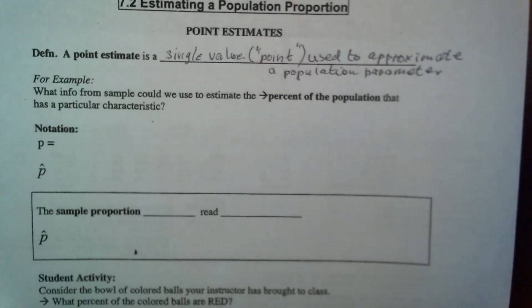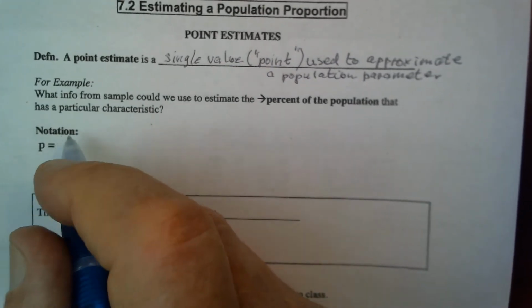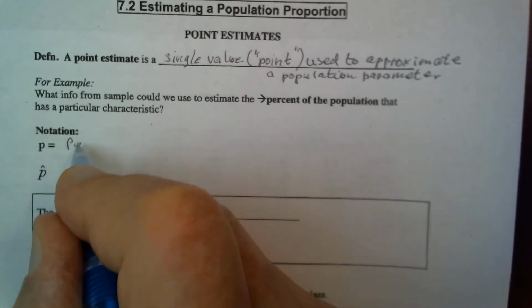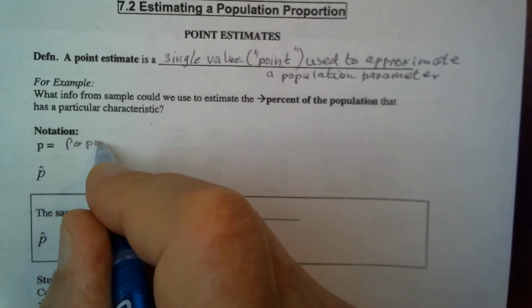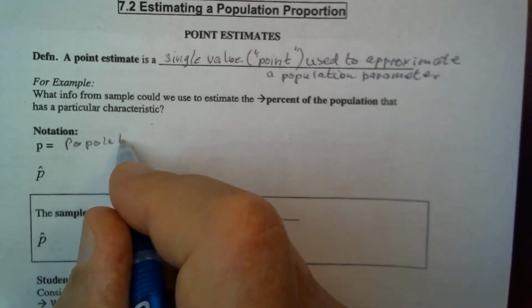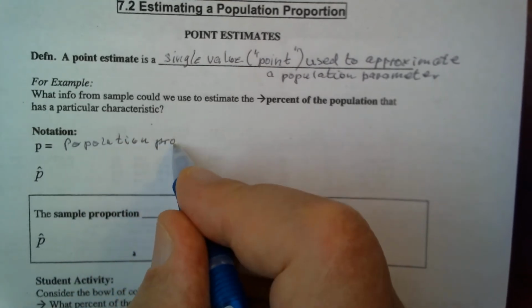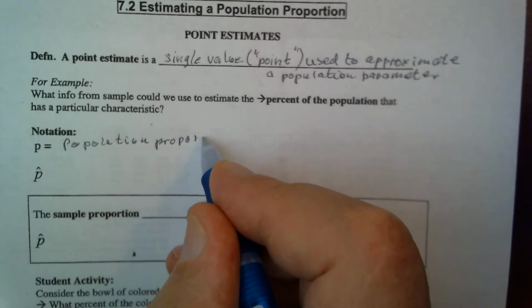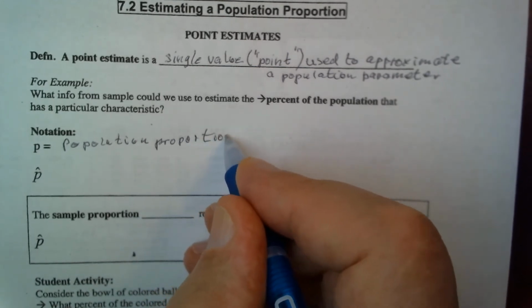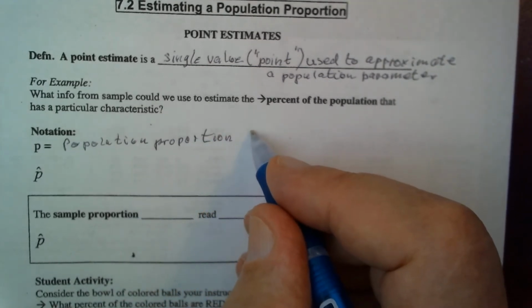So first of all, we need notation to distinguish between a population proportion, P, and the proportion that we found within a sample. So here we use P as a population proportion, and that is very often expressed in a percentage or a fraction.